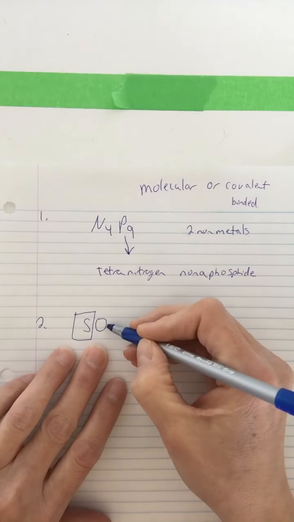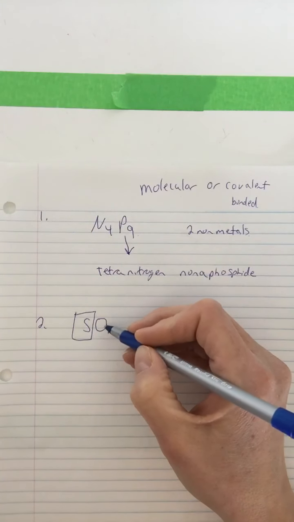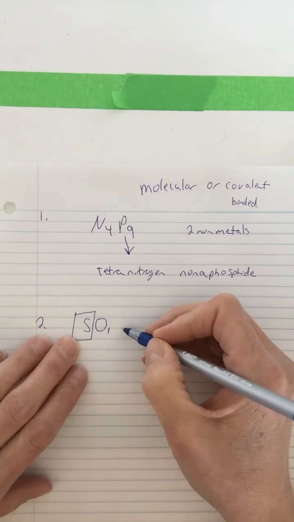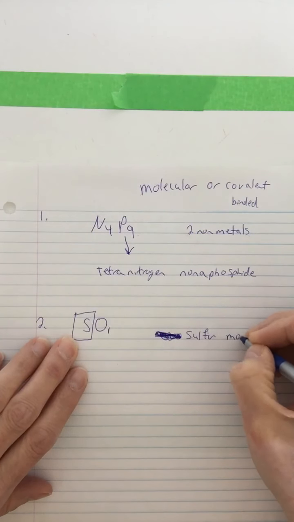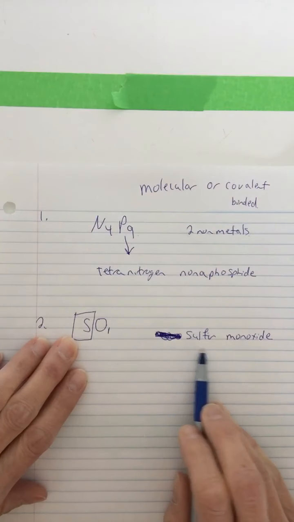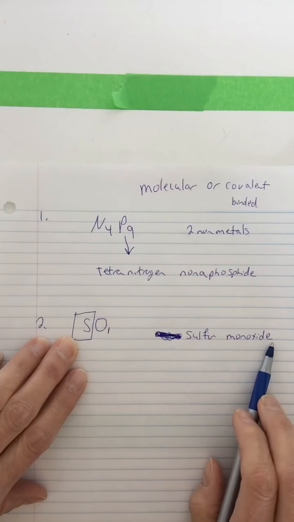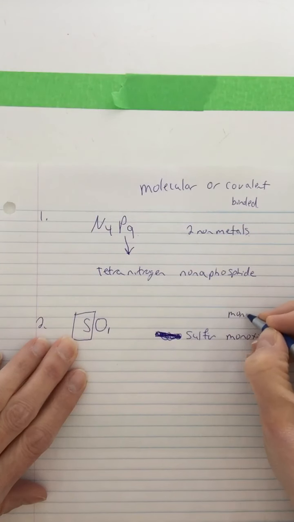And what is this? Well, there's only one of them. It's oxygen, but we know that turns to oxide, so it's sulfur monoxide. We drop the second O. We don't write monooxide.